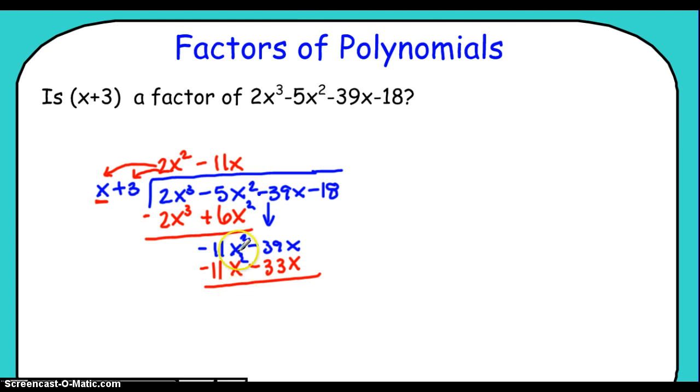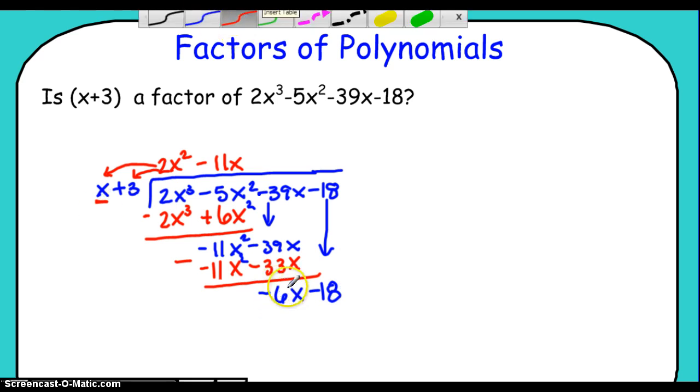Subtract 11x squared minus 11x squared is 0. Negative 39x minus negative 33. That would give me a negative 6x. Bring down the 18. X times what gives me 6x?